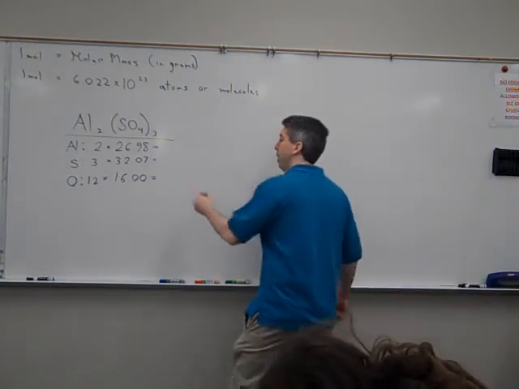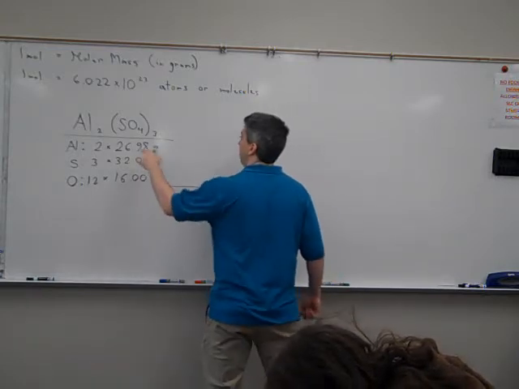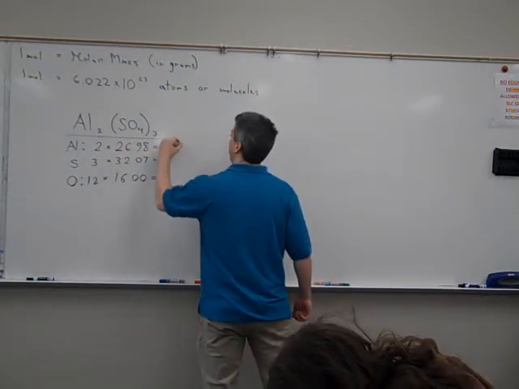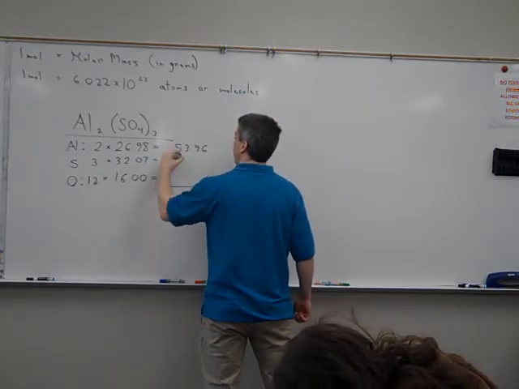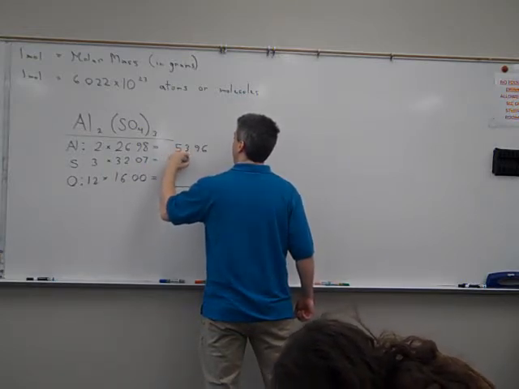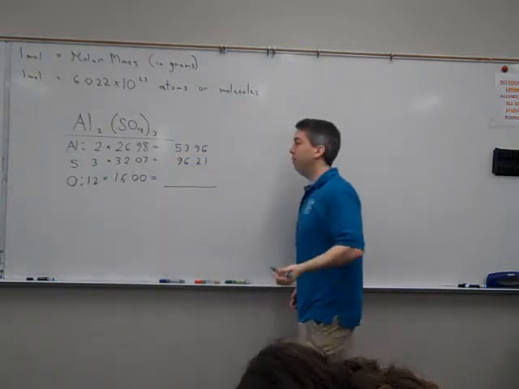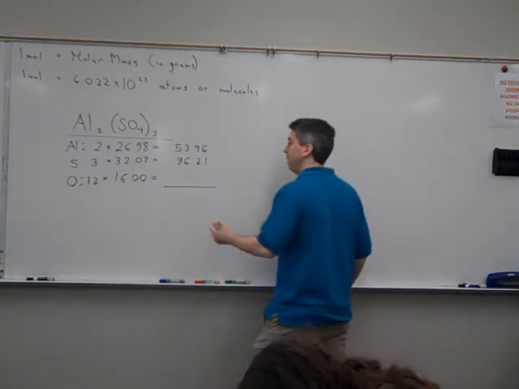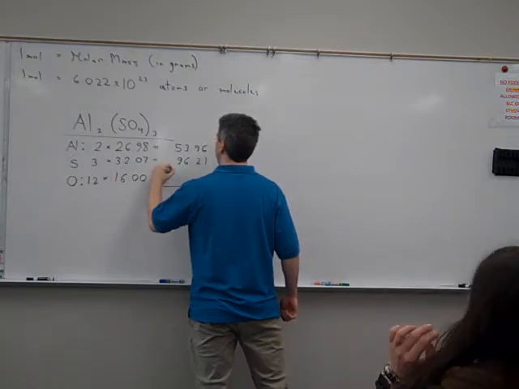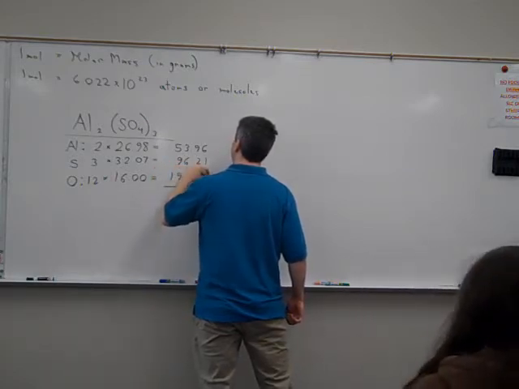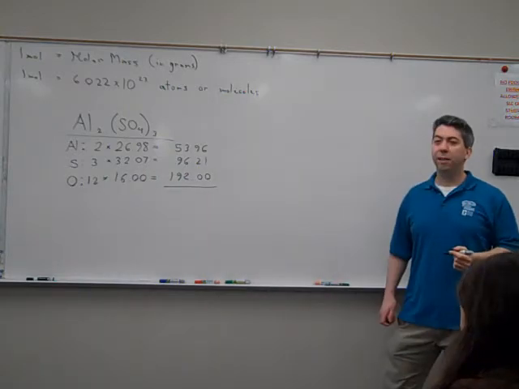So now what I do is I go ahead and multiply each of these and add them up. 2 times 26.98 is going to be 53.96. 3 times 32.07 is going to be 96.21. And 12 times 16 is going to be 192.